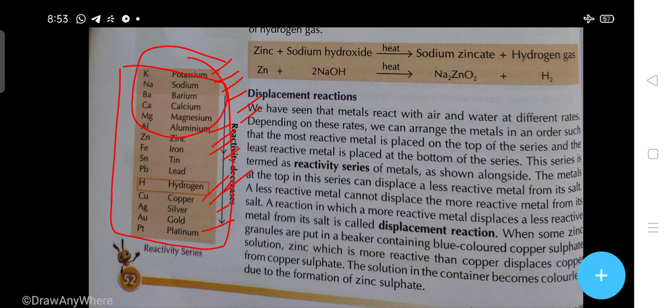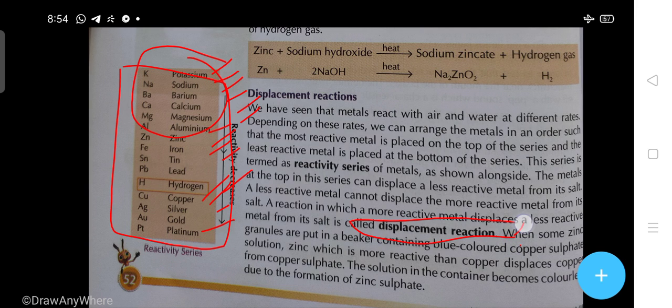This series is termed the reactivity series of metals. The metals at the top can displace less reactive metals from their salts, and less reactive metals cannot displace more reactive metals from the salt. A reaction in which a more reactive metal displaces a less reactive metal from its salt is called a displacement reaction.